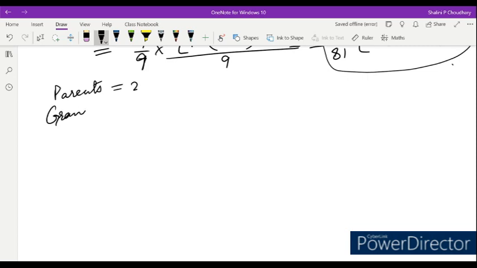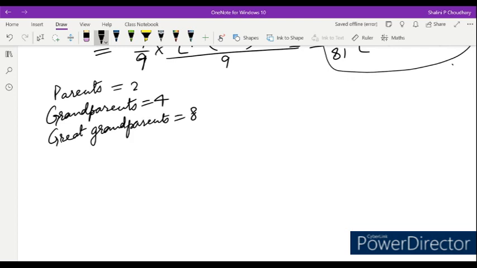Then great grandparents, 8, and so on. Okay, so this is how it's going. Parents, that is the first term, equal to 2, and multiplied by 2 each time, so r is equal to 2. Okay, so 2, 4, 8, 16, like this.